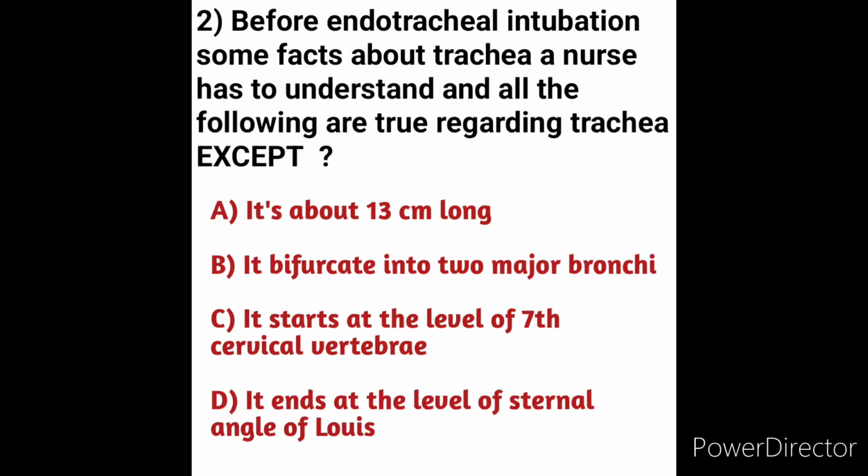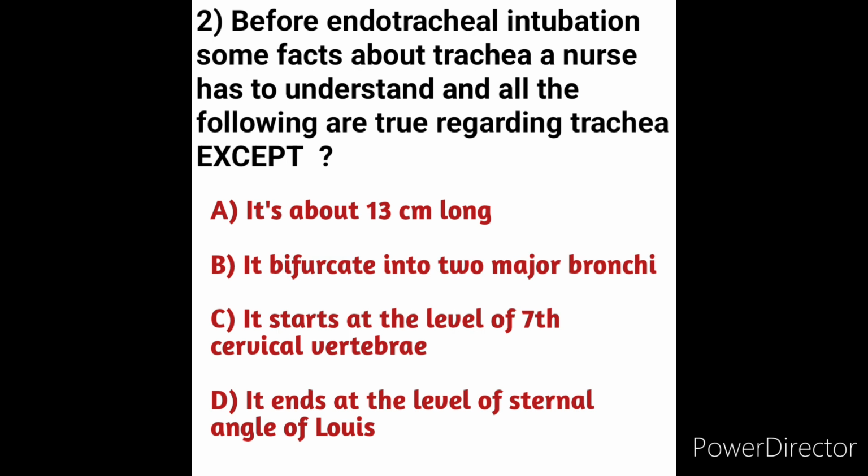Next, move on to the second question. Before endotracheal intubation, there are some facts about the trachea a nurse has to understand. All the following are true regarding the trachea except, before ET intubation, meaning endotracheal tube intubation. Here we will see the options.